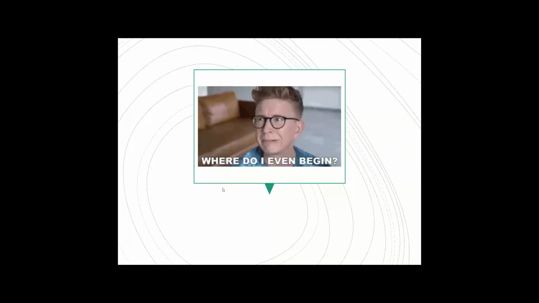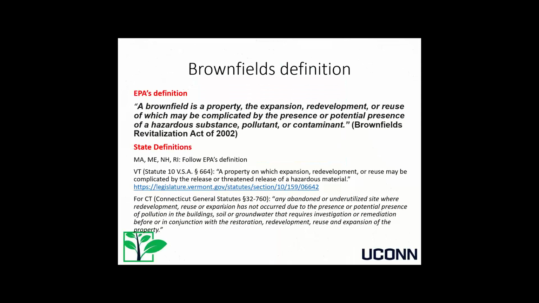So how do we even start? First of all, the key concept here is to identify sites at the very beginning, sites that meet the definition of a brownfield site.